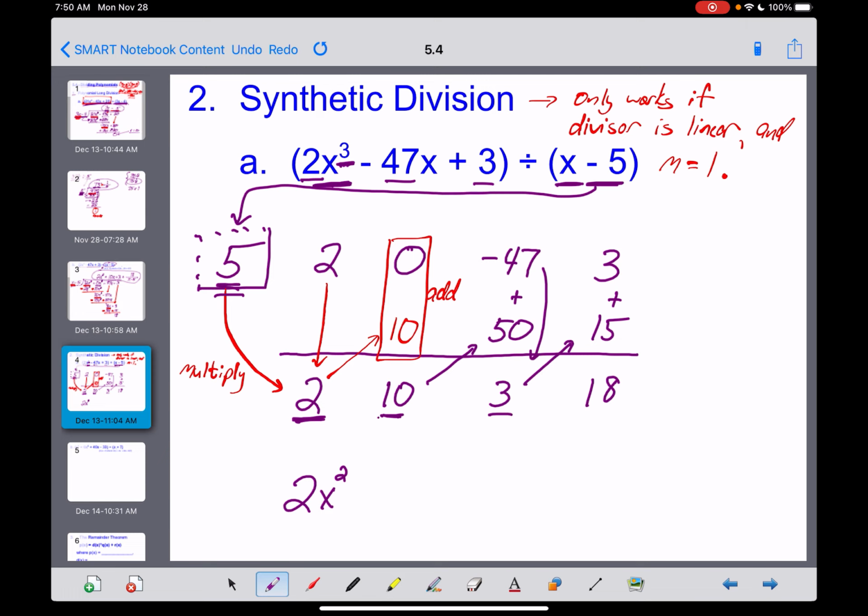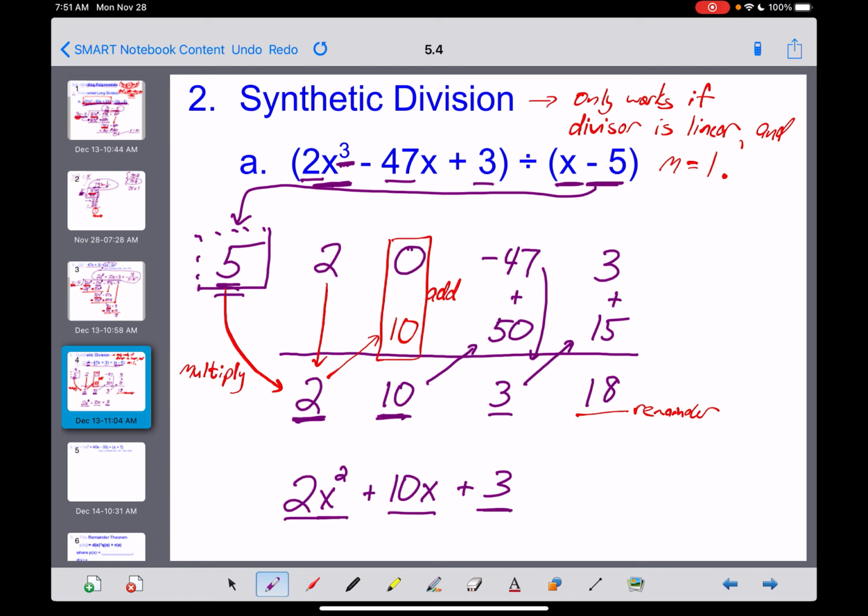What's next? We have a positive 10 for our next term, so we're going to put a plus 10 now, and again, the degree of each term just goes down by 1. This was x squared, so this term is just an x. What's next? A positive 3, so we're going to put a plus 3, and let's see, we had x squared, x to the first, then this term doesn't get an x. That's just your constant right there, plus 3. And then this number right here, you guys, is going to be your remainder.